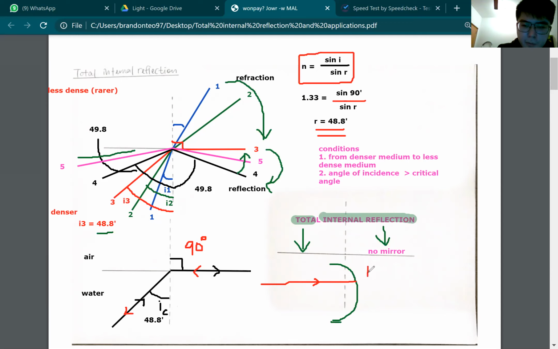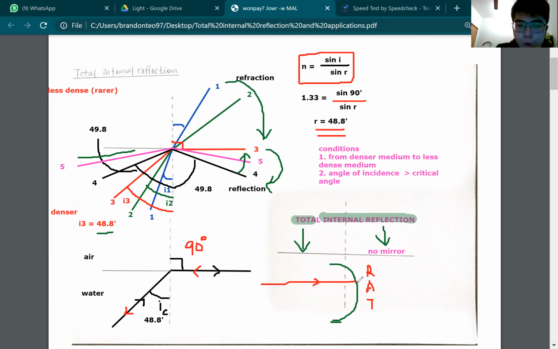If you remember from the first lesson, RAT: reflection, absorption, and transmission. Some portion of the light will be absorbed by the mirror, so the intensity of the light will decrease.